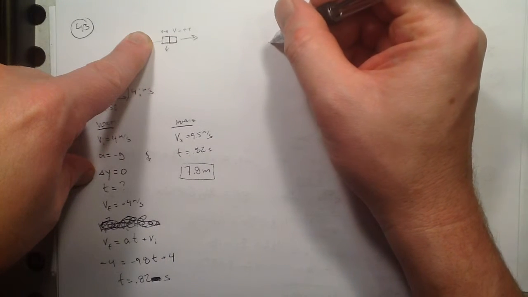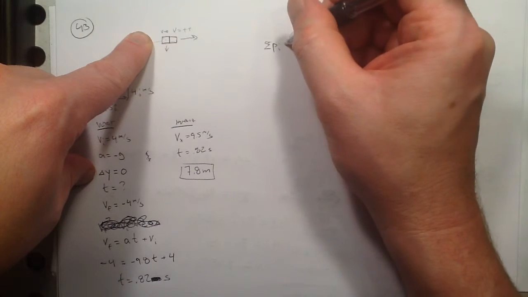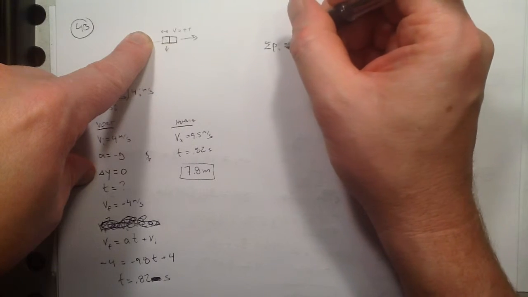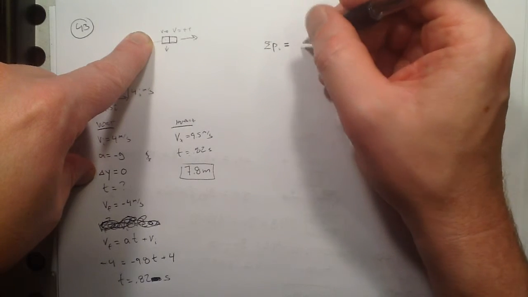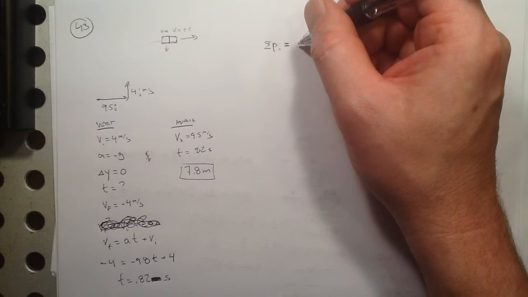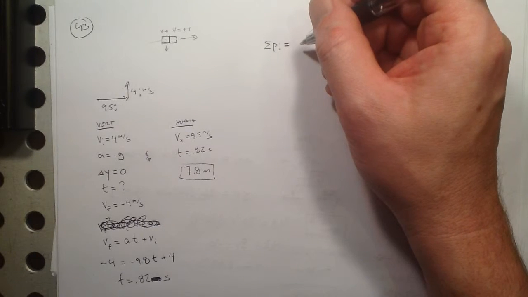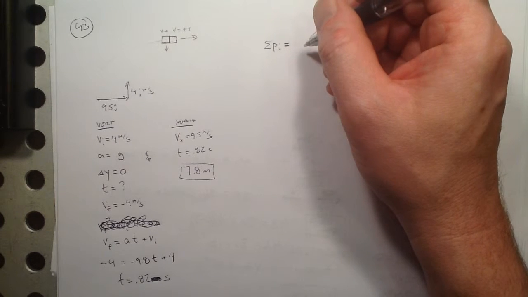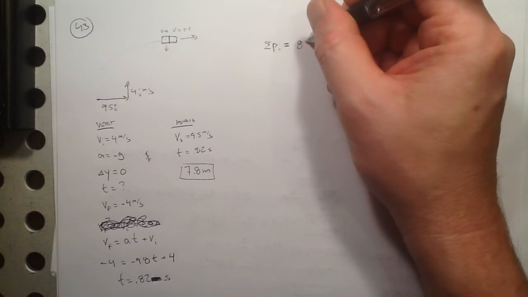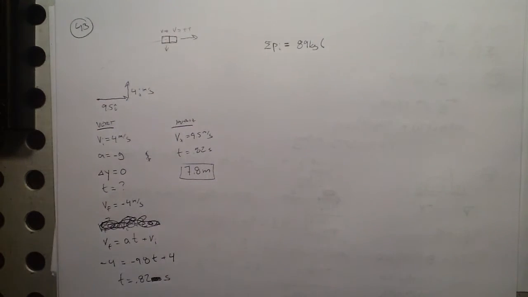That means that the total momentum at the top, the initial momentum of everything, is equal to the mass of everything. Now, let's see, we didn't need that for our kinematics, so I got to go back and find that stuff. 78 kilograms plus 11 kilograms of halters, so that's 89 kilograms times the velocity at the top.